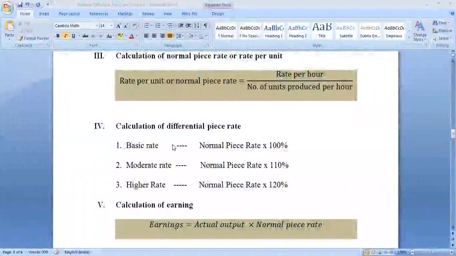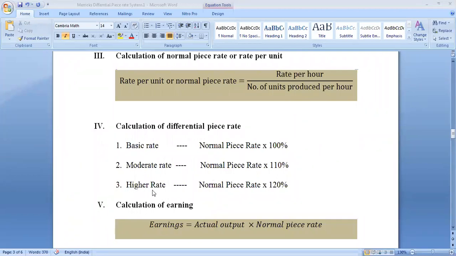in Merrick's method, we have 3 rates given: basic rate, moderate rate, and higher rate. The worker who is producing below 83% efficiency will be given 100% of the normal piece rate. The worker who is moderately producing, from 83% to 100%, will be given 110% of the normal piece rate as a bonus.